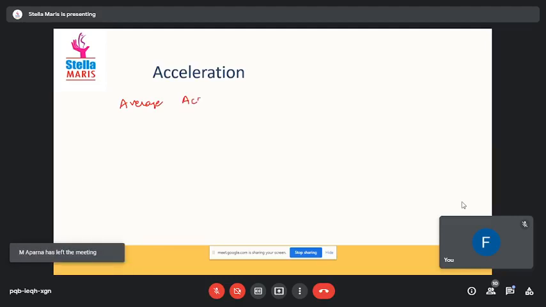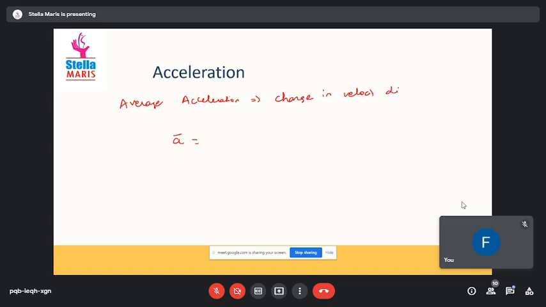It is denoted by a with a bar over it. The definition of average acceleration is change in velocity divided by time interval.